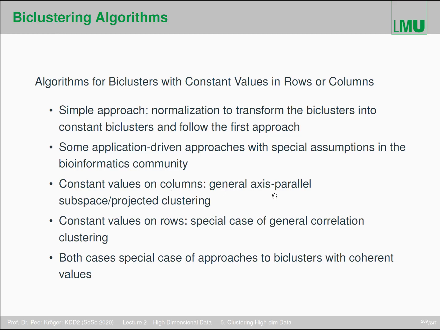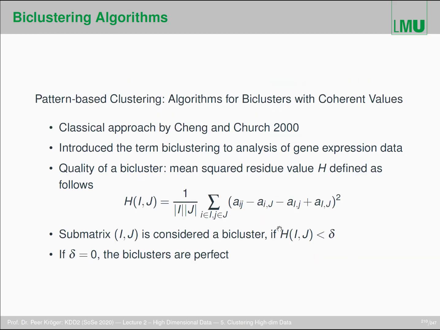Constant values in columns are typically general axis-parallel subspace clusters, so you could apply those algorithms also. Constant values in rows are special cases of general correlation clustering algorithms, so you can also use those algorithms for that. And both cases are special cases of approaches to bi-clusters with coherent values, so you could also use those algorithms, of course.